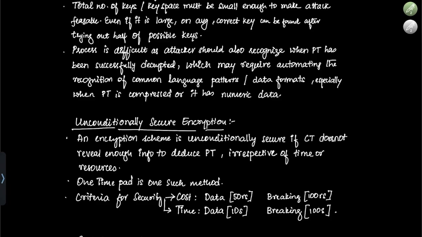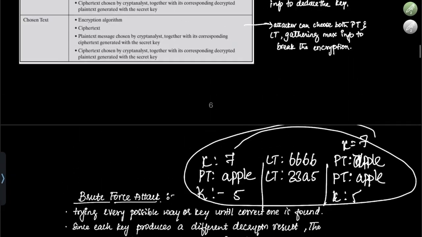If the key is compromised, all the messages encrypted with the key, whether before, after, or during the encryption, would be compromised. Brute force attacks can be defended by making use of larger key spaces, but cryptanalysis requires strong encryption algorithms. So this was all about the two types of attacks.